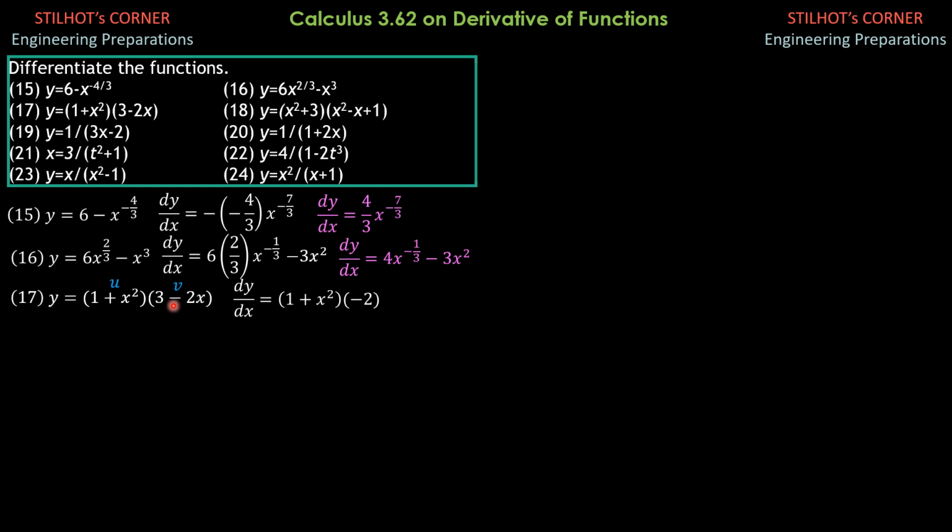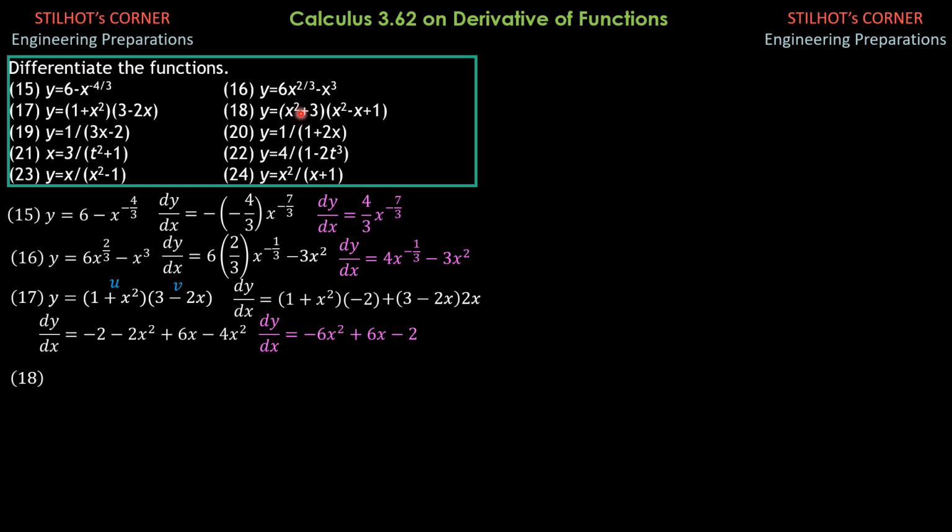Then plus 3 minus 2x, derivative of the first is 2x. So plus quantity 3 minus 2x times 2x. Simplifying, dy dx is negative 2 minus 2x squared plus 6x minus 4x squared. Combining like terms, dy dx is negative 6x squared plus 6x minus 2. So negative 6x squared plus 6x minus 2.